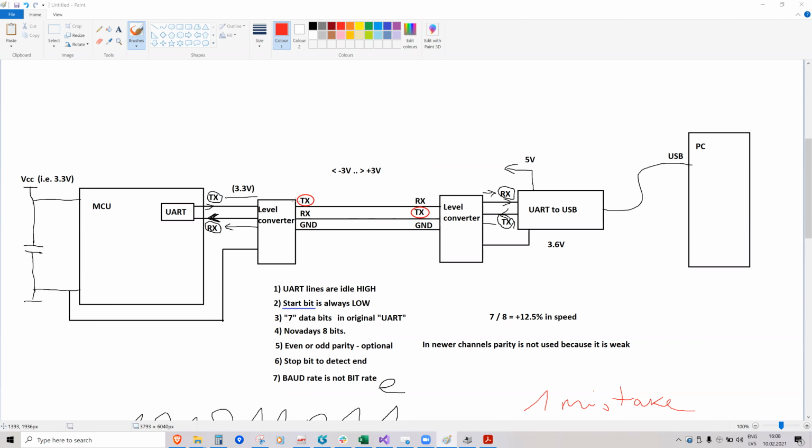But the problem would be to increase the voltage on the microcontroller's line, because the microcontroller will send out 3.3. This UART to USB needs 5, so you kind of have to charge up the 3.3 volts to 5 volts to send the data back. So in one direction it will work.